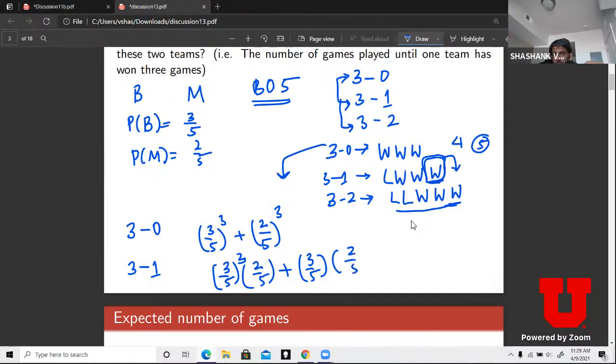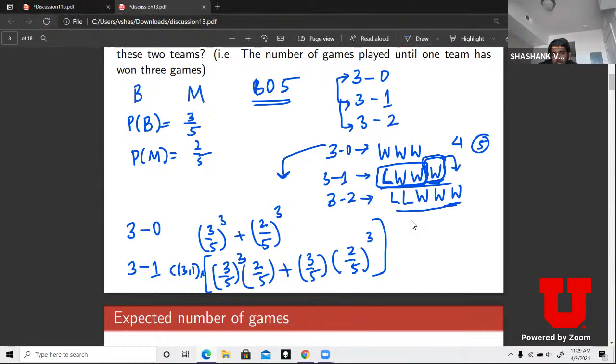So that would be (2/5)^3 times... because we're considering the whole 4 games. But before this, the first loss can be in any of the 3 positions in the first 3 games. So that would be C(3,1), right? So that would be C(3,1) times this probability.